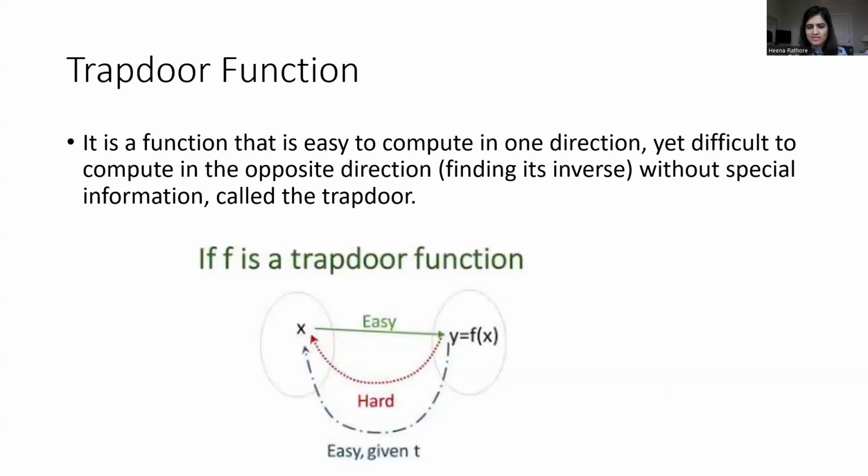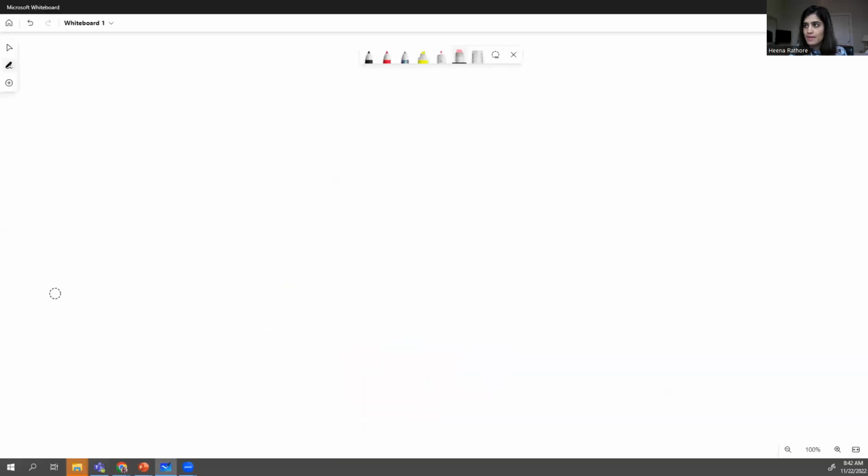But let's try to understand this and how we achieve it. Let me open my whiteboard. Okay, so let's suppose I am drawing an elliptic curve. I have this x, y. Sorry, I'm drawing it on a tablet, so my drawing could be bad.